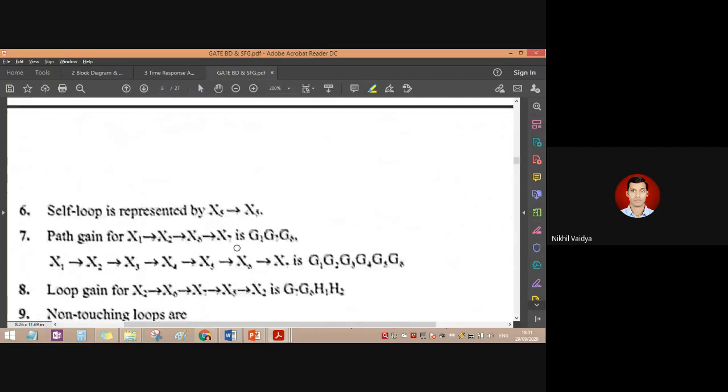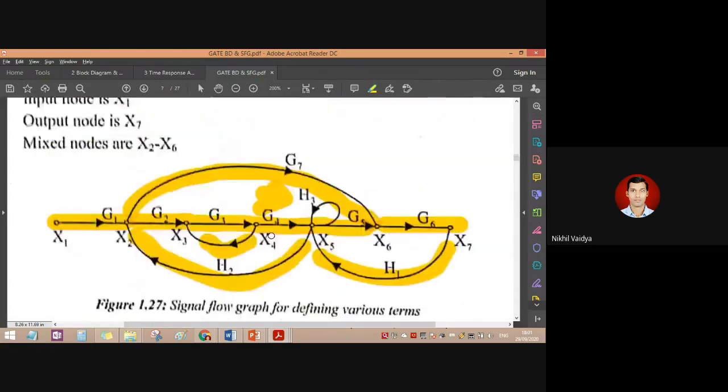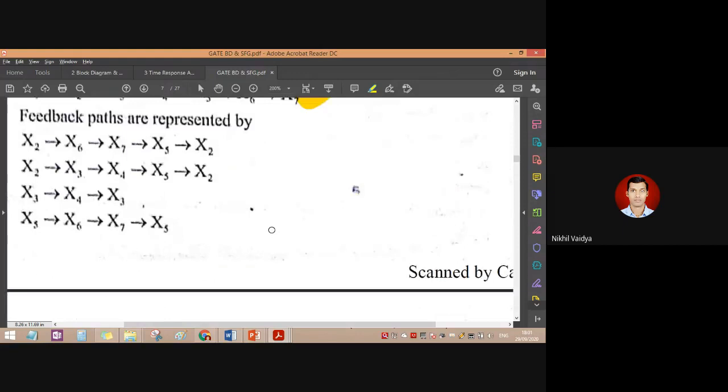Self loop is x5 to x5, starting from x5 and ending at x5. That's what we saw in the definition.